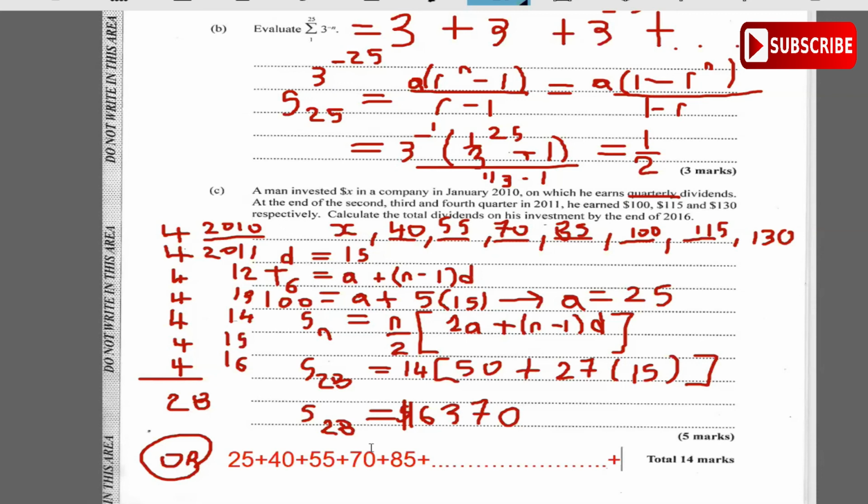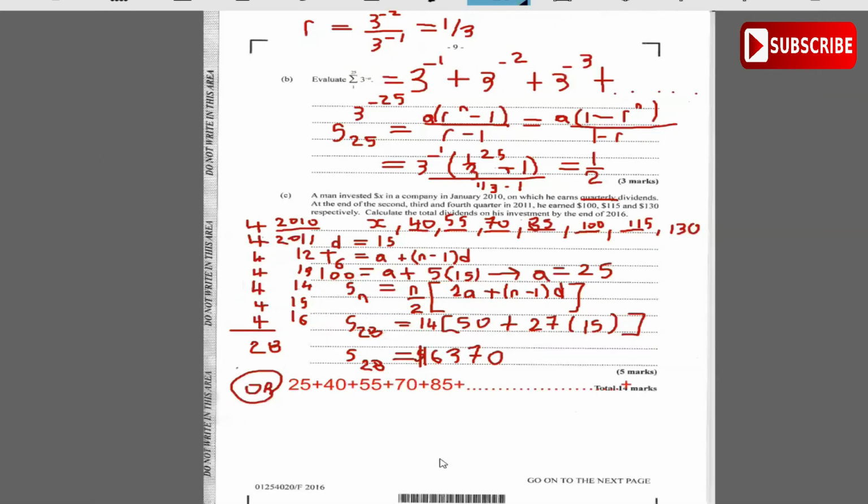This one would be too long, I'm not going to write out 28 terms, so I'm just showing you the alternate method. Nice and easy. And that takes care of question 2, and so completes section 1 of 2016.